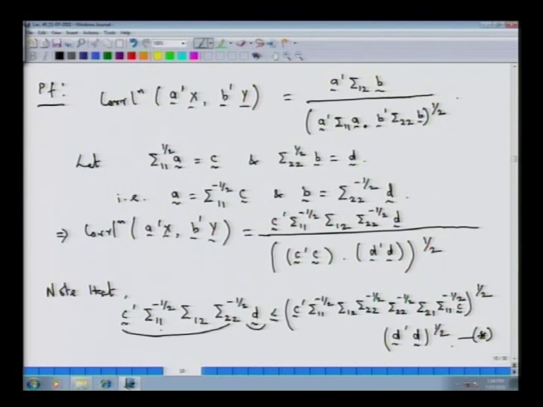Now, if we have equality attained here, we will also look back at equation number star as to when the equality is going to be attained in this expression star. Equality in expression star will be attained if we have this vector proportional to this particular vector.